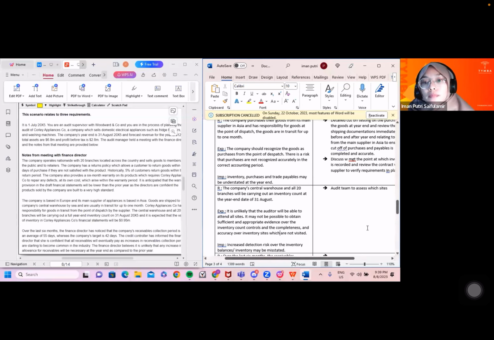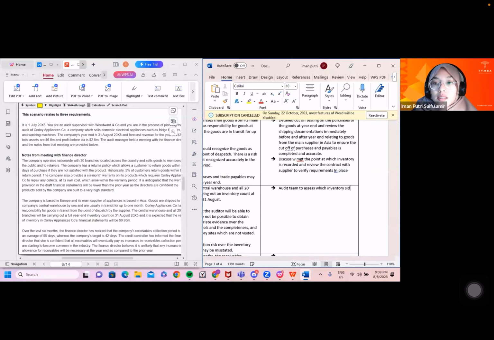So basically we will assess which inventory sites they will attend, mainly focusing on the ones with material inventory balances or higher risk of material misstatement.